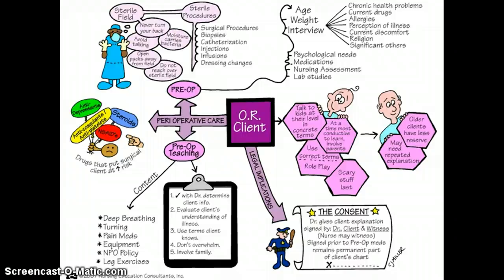You're going to need to adjust your nursing care appropriately to care for your patients. You need to consider current drugs that they're using, allergies to medications, what is their perception of the illness, what is their perception of surgery.